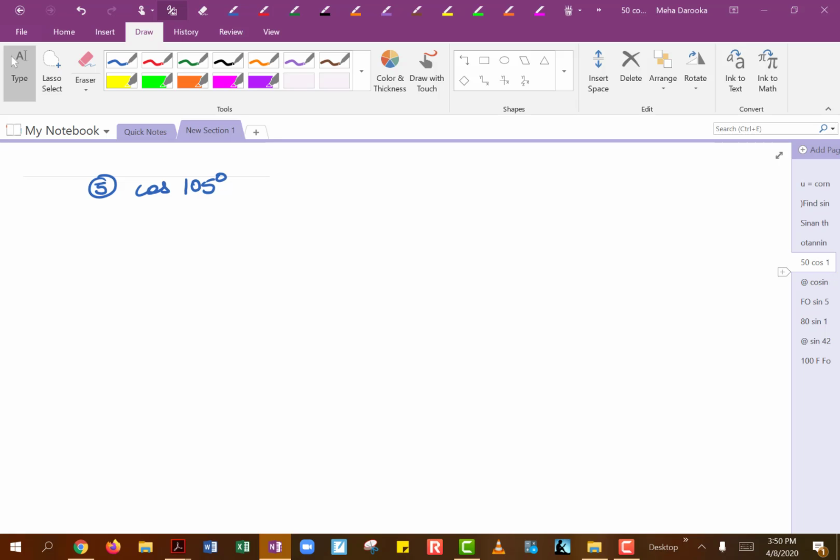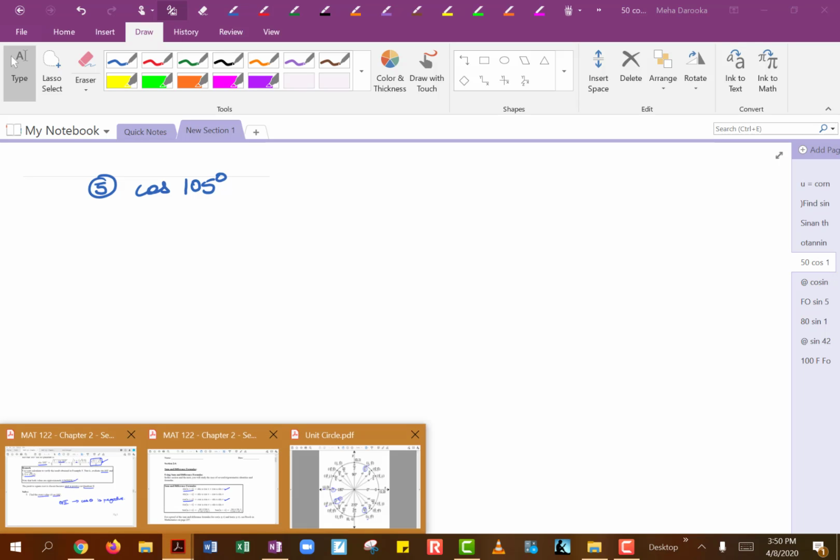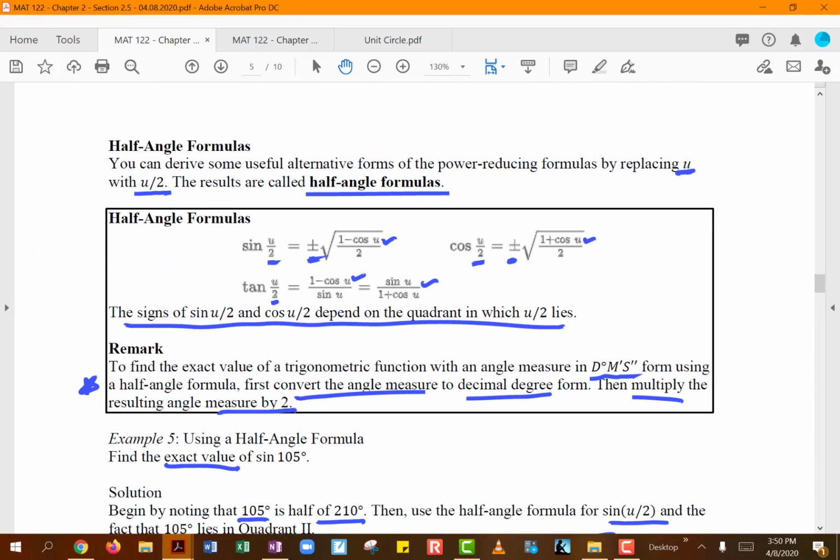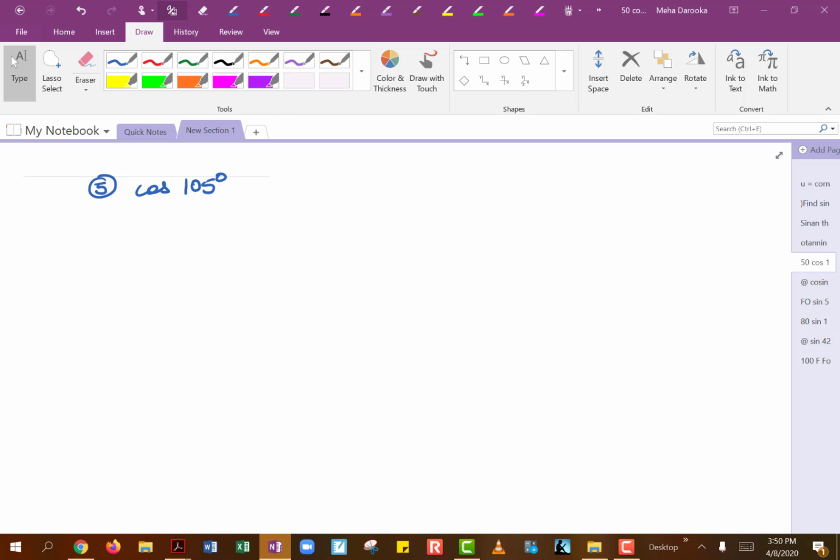Again, remember, we are going to be using this formula right over here, the half angle formula for cosine of u over 2. So that's positive or negative the square root of 1 plus cosine of u, divided by 2.